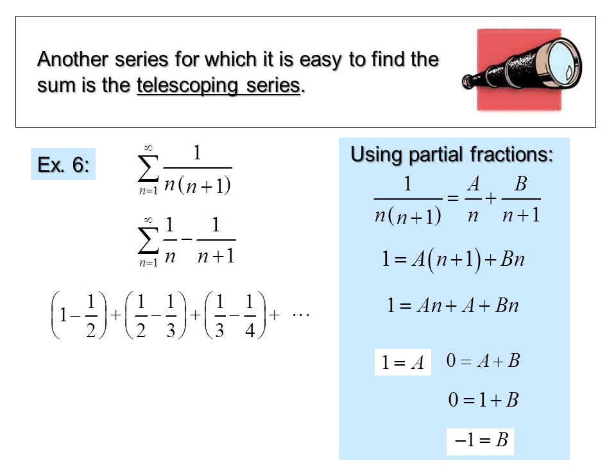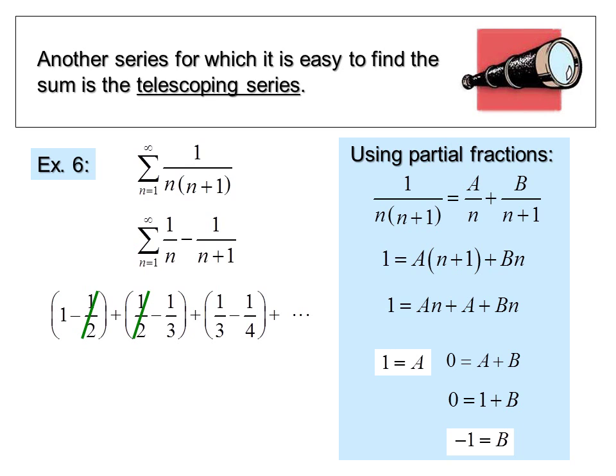Generating the first few terms, we get 1 minus 1/2 plus 1/2 minus 1/3 plus 1/3 minus 1/4, and so forth. But we notice that parts of the terms cancel.